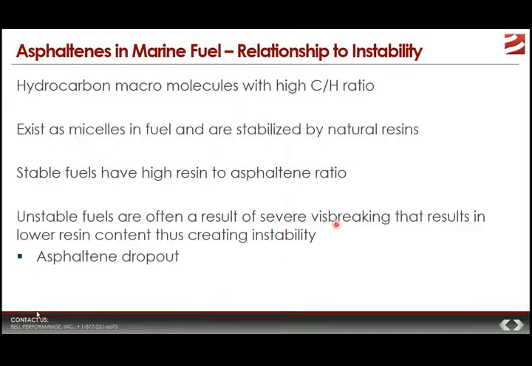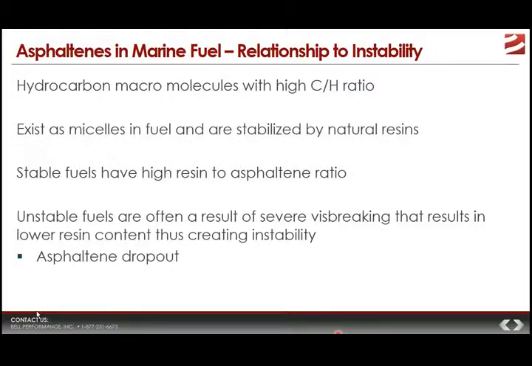We used visbreaking as an example of a severe processing process. Visbreaking basically is the process where you take oil, crude oil, heating oil, whatever, in a furnace and you heat it up to reduce its viscosity, and you thermally crack or break apart the large molecules.